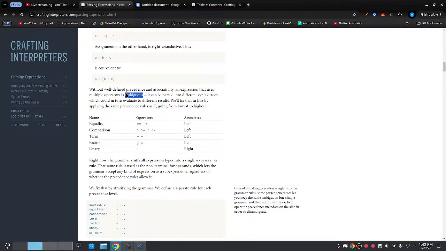Comparison, term, factor, unary. Right now the grammar stuffs all expression types into a single expression rule. That rule is used as a non-terminal for operands.